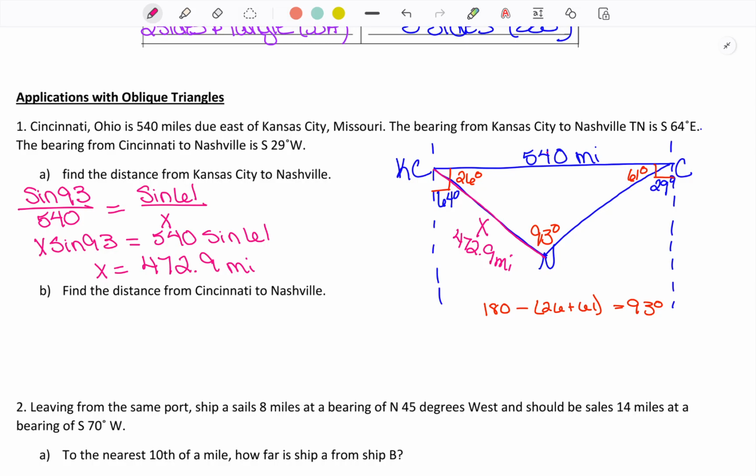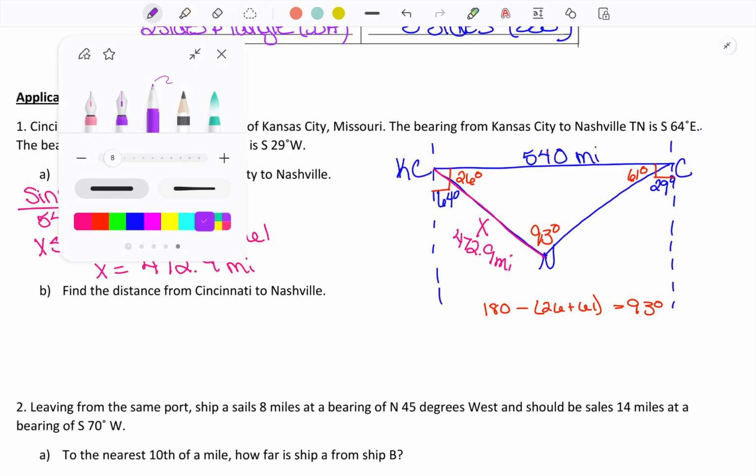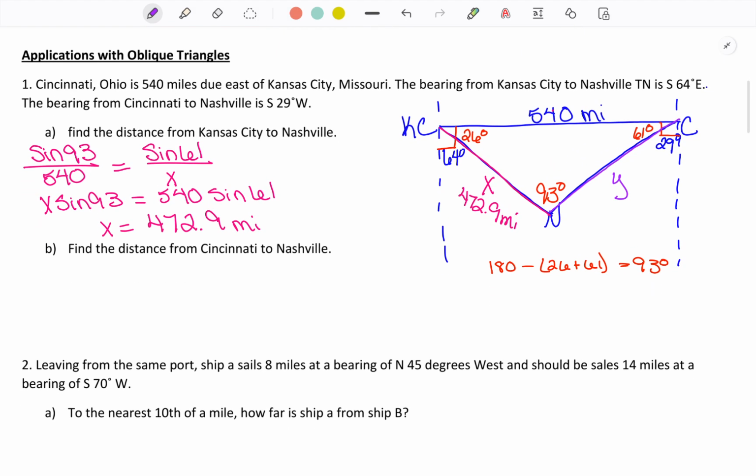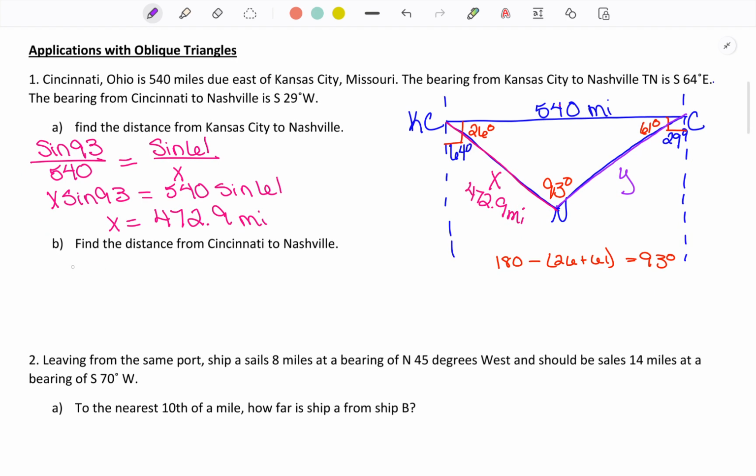And then for part B, we need to find the distance from Cincinnati to Nashville. So I'm going to call this y. We could probably use the law of sines again because we still have that sine of 93 over 540, and we know all three angles.